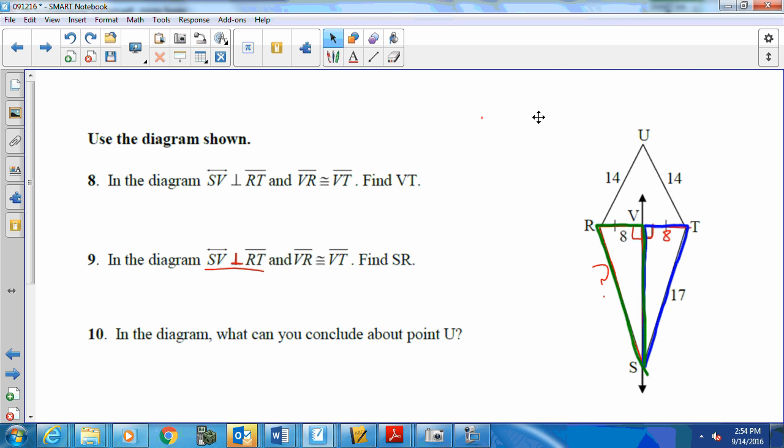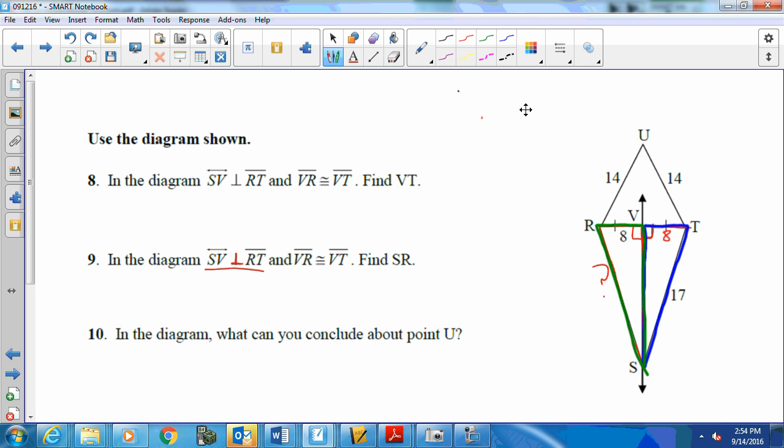It dawned on me when I was looking over this homework, I don't remember if you guys, in my geometry class this year, I don't know if you ever have talked about right triangles and Pythagorean's theorem, a squared plus b squared equals c squared. I wasn't sure if you even did that, because back when I taught algebra, it used to be part of the curriculum. I'm not sure if it is now. So that's why I'm going over number 9 and 10, especially number 9, because it's something you might not remember. So pay attention here.